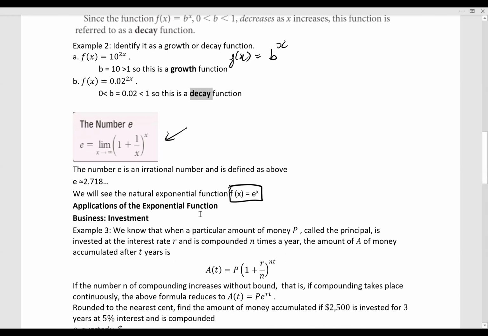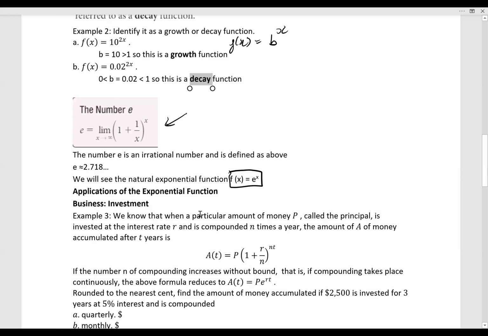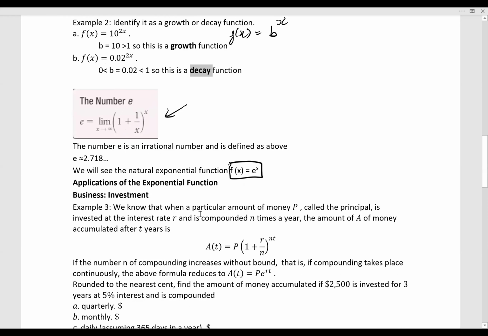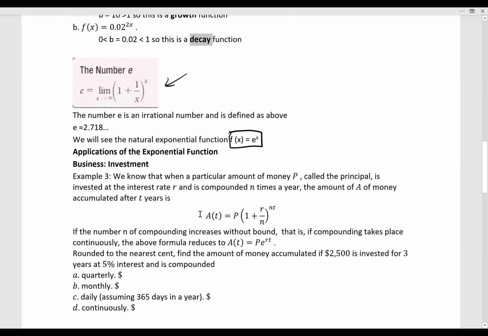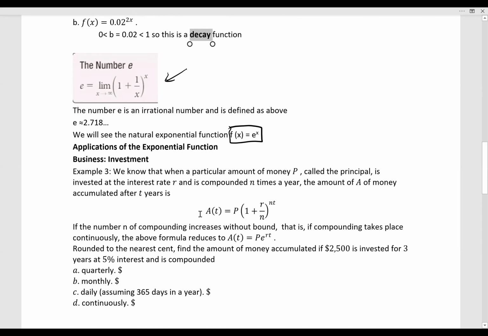Example 3 here is about how to invest some money and how to understand the interest rate from the bank or from somewhere.